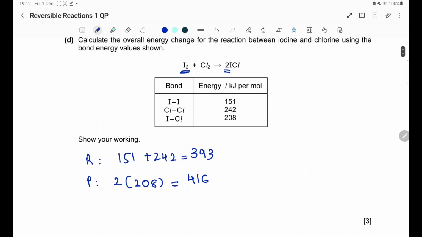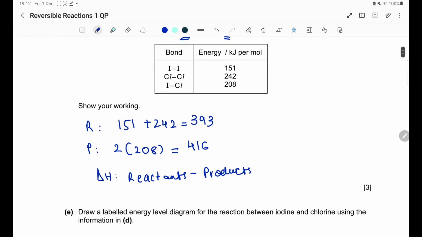And they want the overall energy change, which means that they want the delta H. Remember, delta H is whatever energy you get for the reactants minus the products. It's always reactants minus products. So 393 minus 416, you get minus 23.